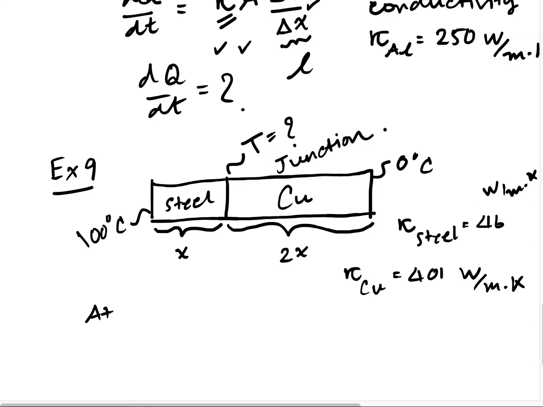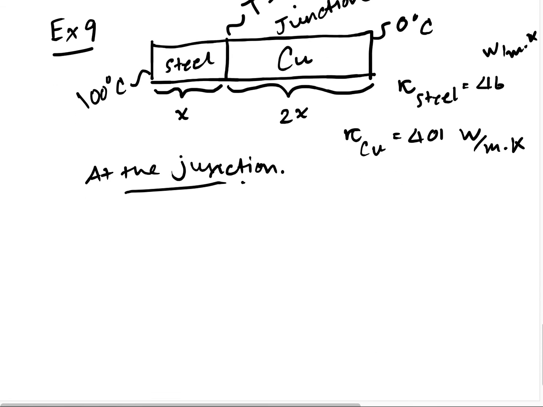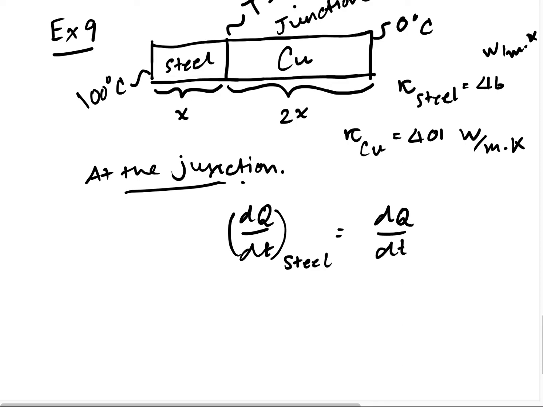So we consider the junction. At the junction, the heat transfer from the steel part should equal the heat transfer at the copper part. This is the trick for calculating the temperature at the junction.